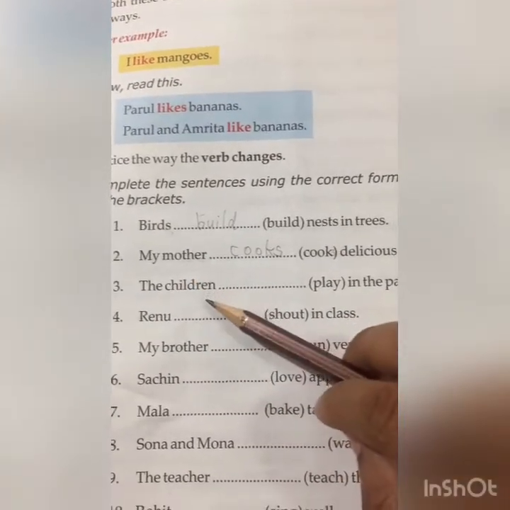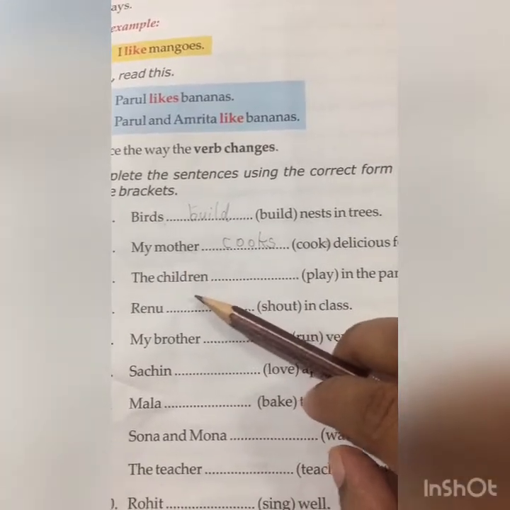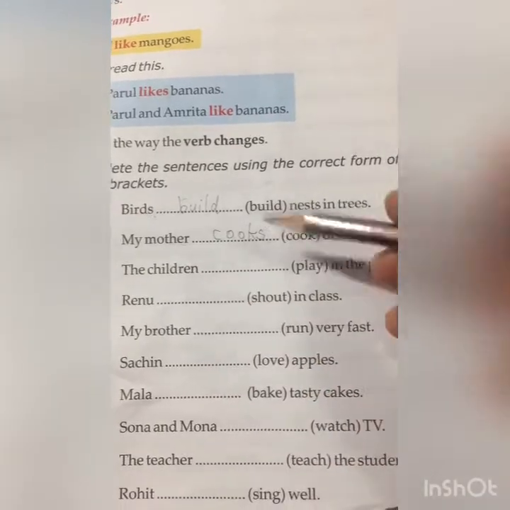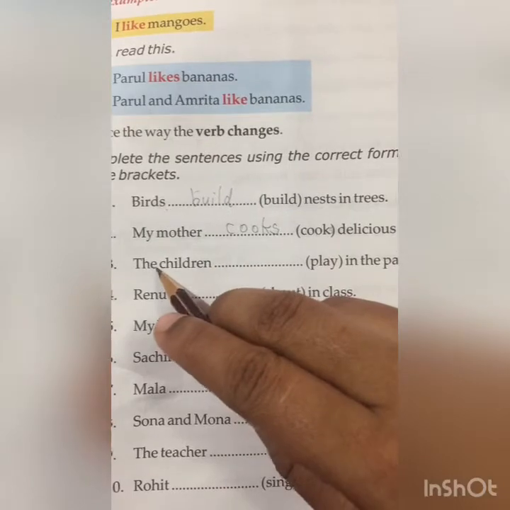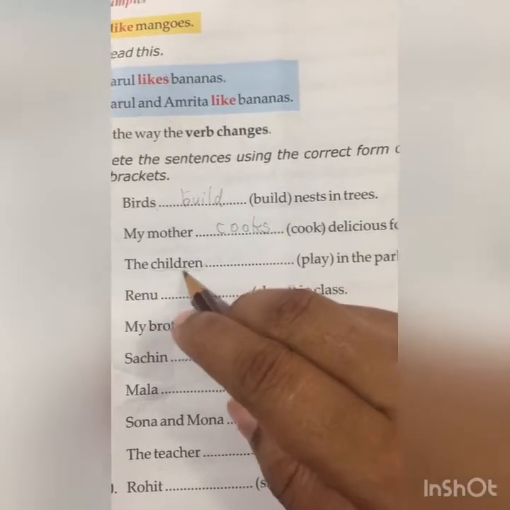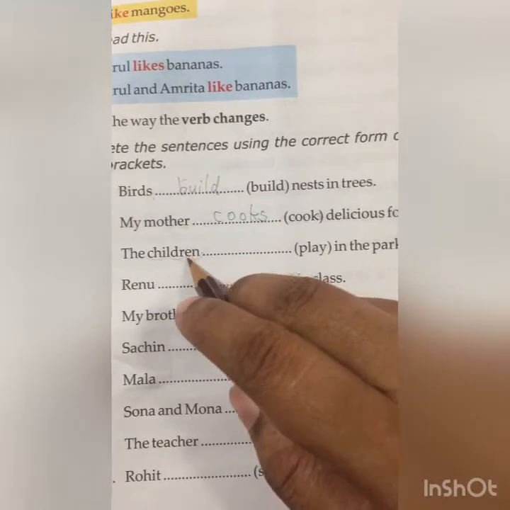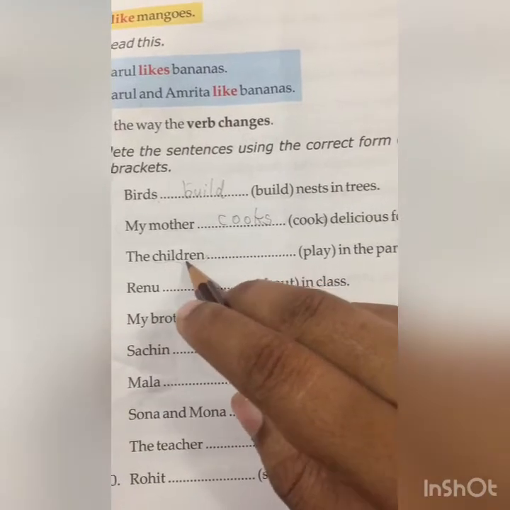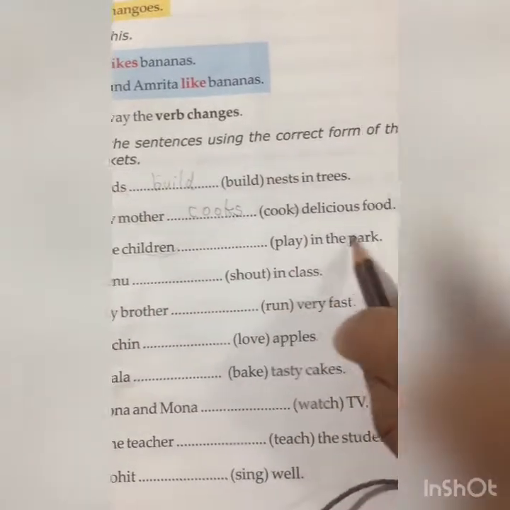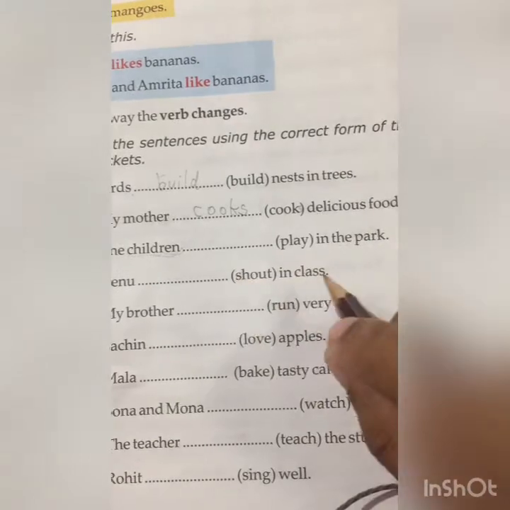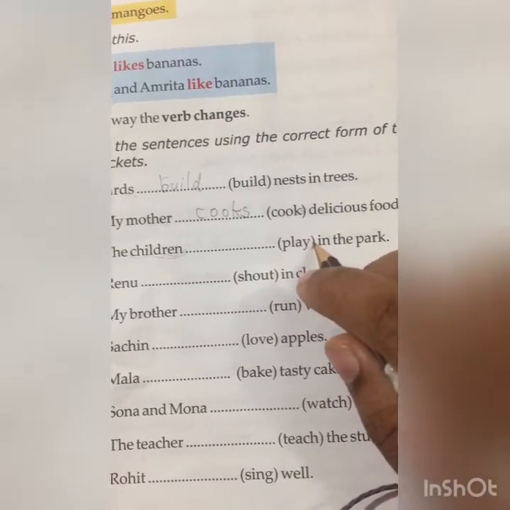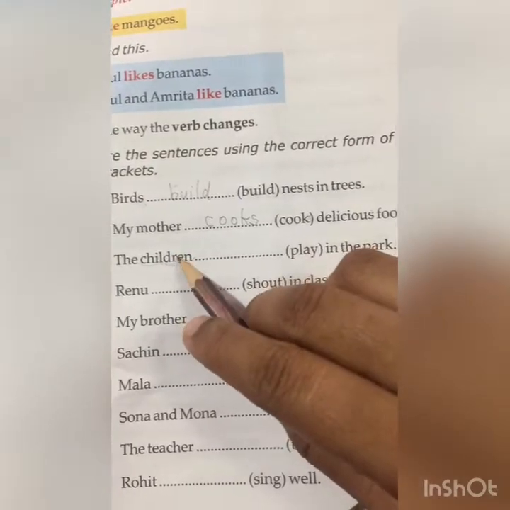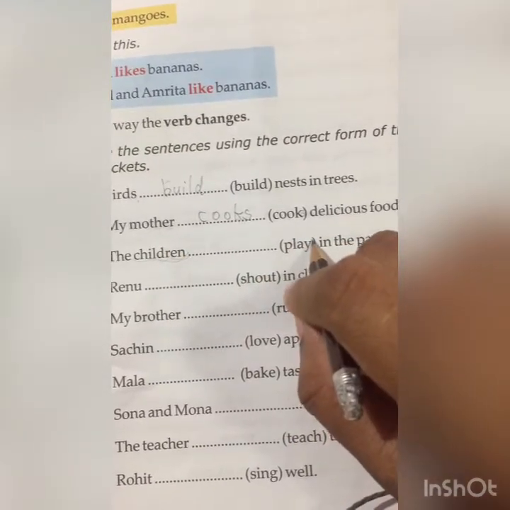The children. Is children singular or plural? Plural. How will you say it in singular form? It is child. So children is plural. Do we say play or plays? It is play. It is plural, right? So we don't have to add an S here.